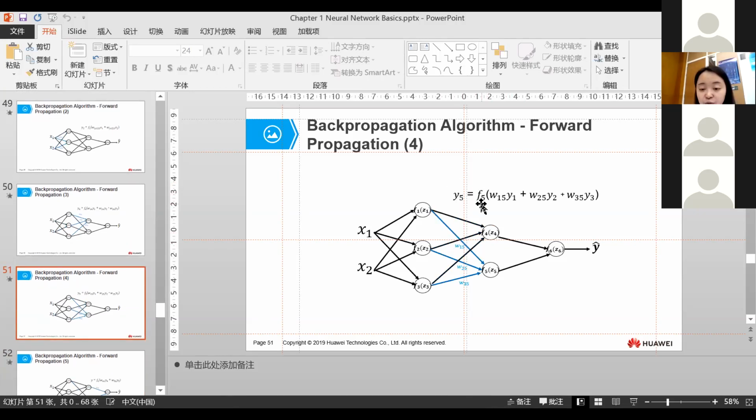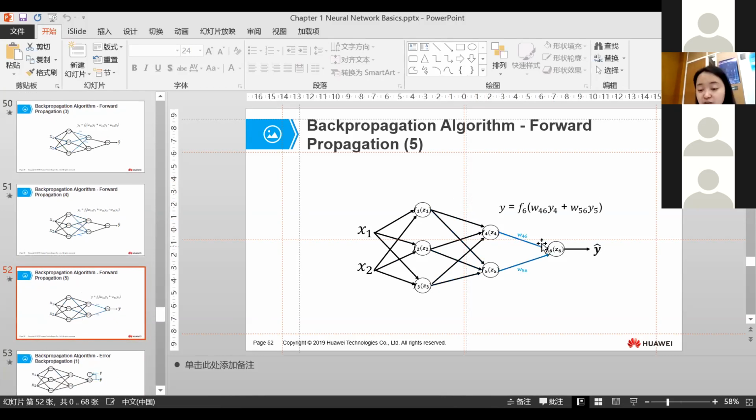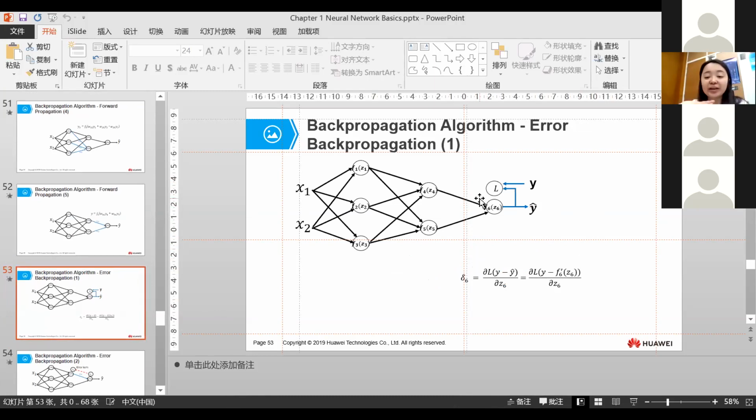Then a weighted sum gives the final prediction of the model, that is y hat. Then we compare y hat with the actual label, the actual price of the house, and we use a loss function to evaluate the difference between the actual label and the prediction.